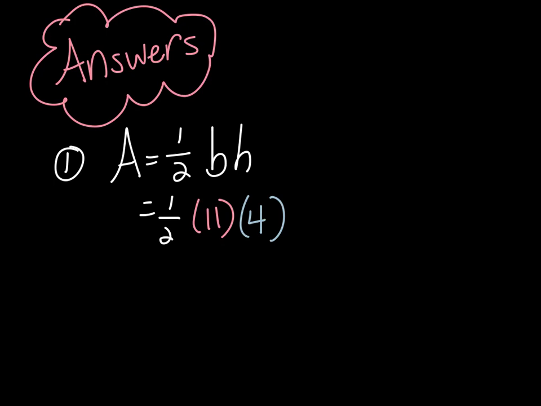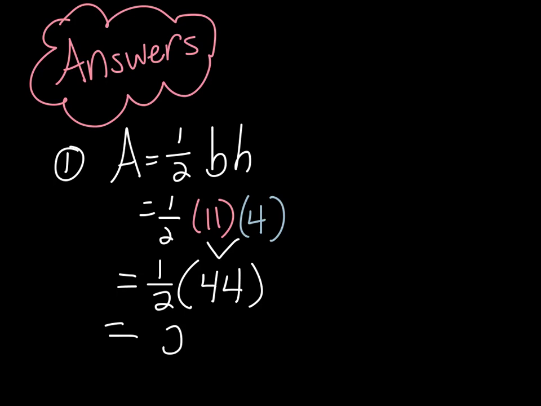So instead we regrouped and we focused on just multiplying those numbers together over here. So we're going to keep the half out of it and then do 11 times 4, which is 44. And then half of 44 would be equal to 22, which you could do the side math for to figure out. And that one is labeled as feet, so you'd need it as feet squared.